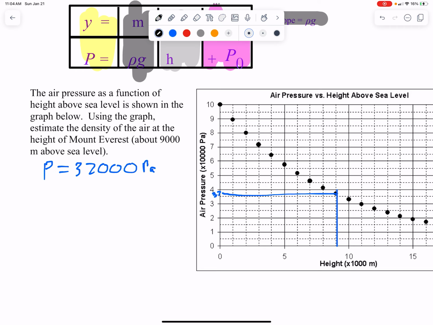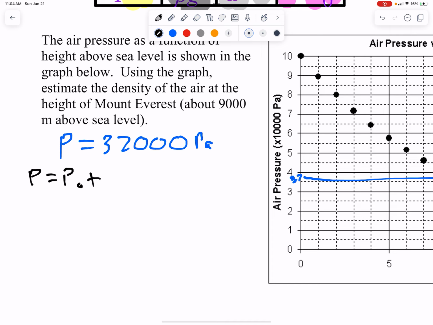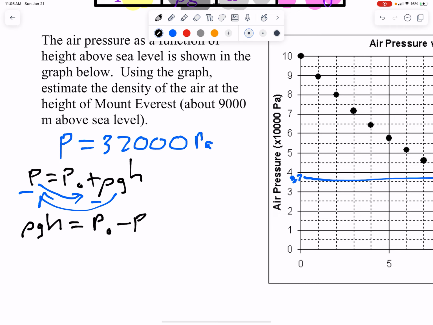So using our equation, P equals P naught plus rho g h, let's subtract P over here, and rearranging the equation, we get rho g h equals P naught minus P. And then you can divide away the g h, and that will help you solve for the density of the fluid.